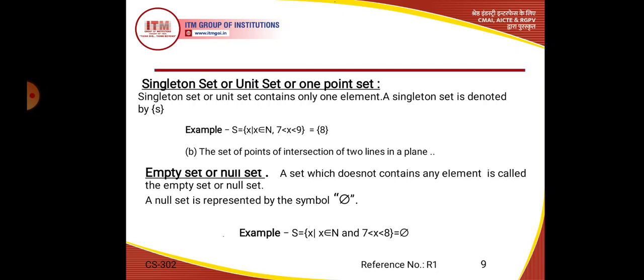Then we can say it's a singleton set. For example, capital S = {x such that x belongs to N}. Here x is greater than 7 and less than 9.